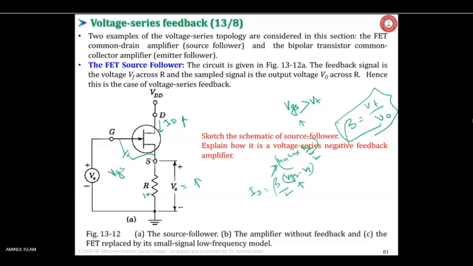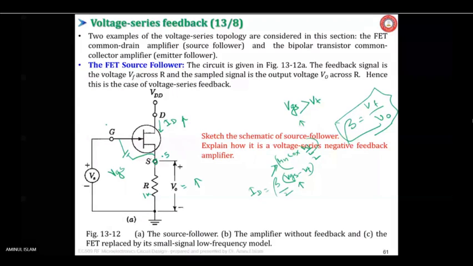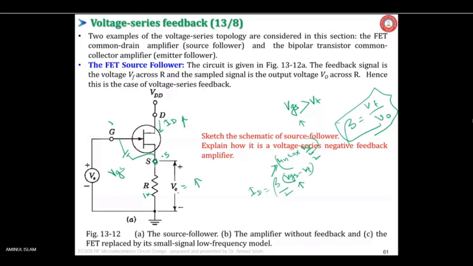If this value increases, earlier it was some value, suppose let me take it as 0.5 volt, VG was 1 volt. So earlier VGS was 1 minus 0.5, means 0.5 volt was there earlier. Earlier means before current ID increased. Before that, it was this value.